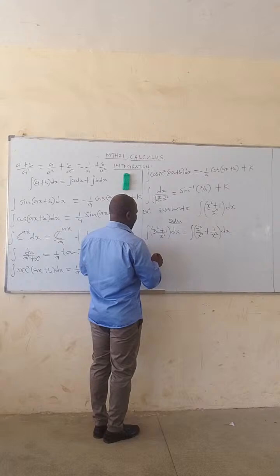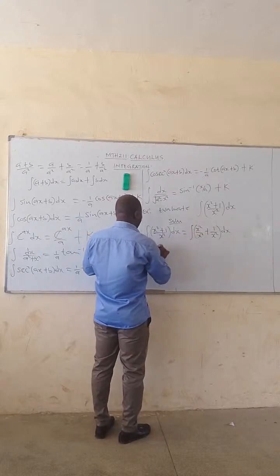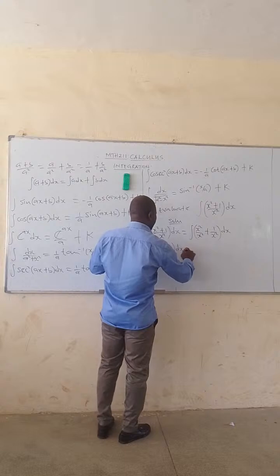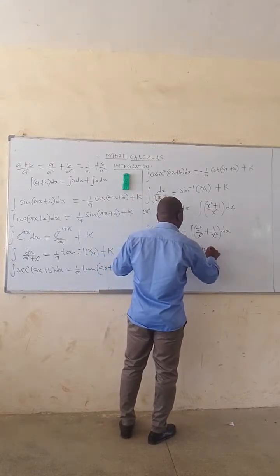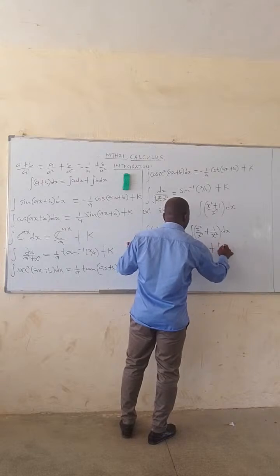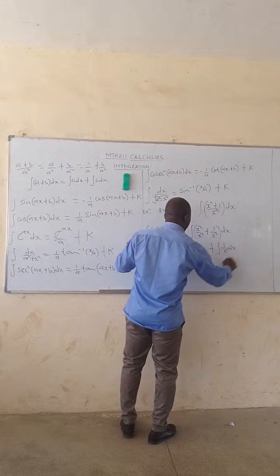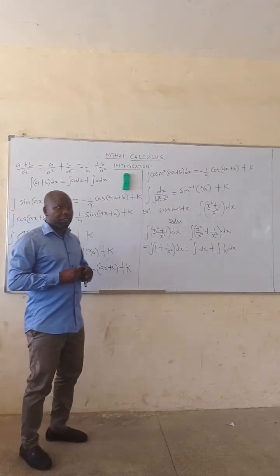So, before we do that, this is 1 plus 1 all over x squared dx, isn't it? Then this is equal to integral 1 dx plus integral 1 all over x squared dx. You don't understand?